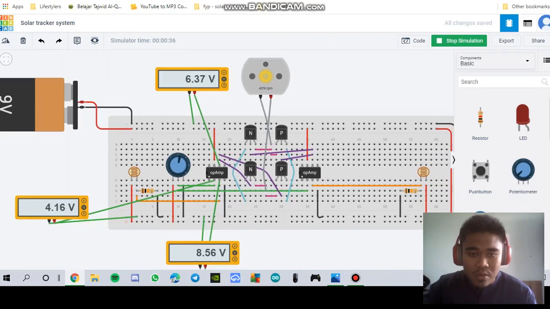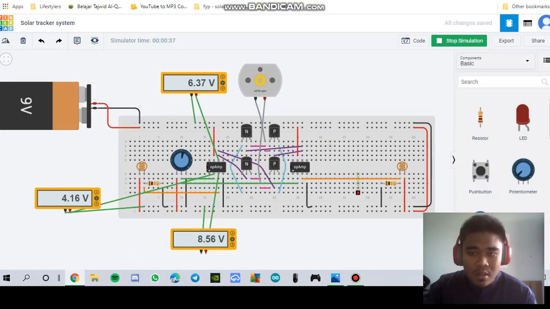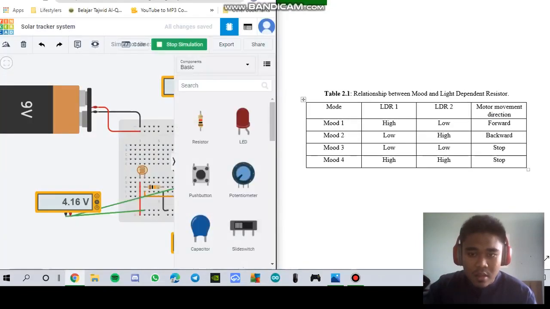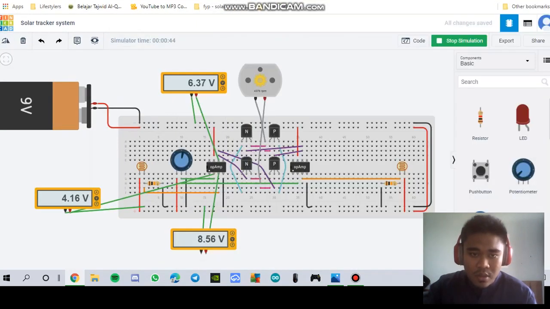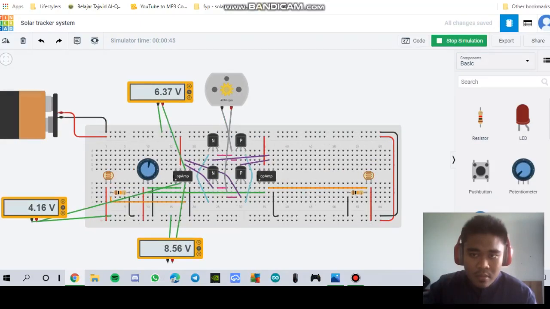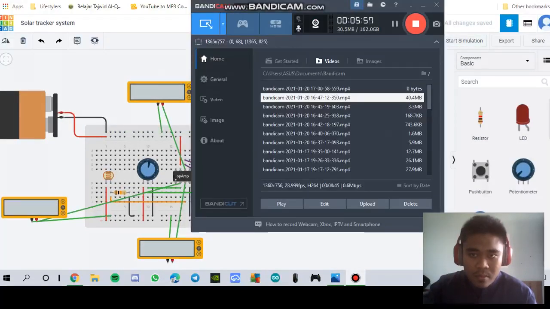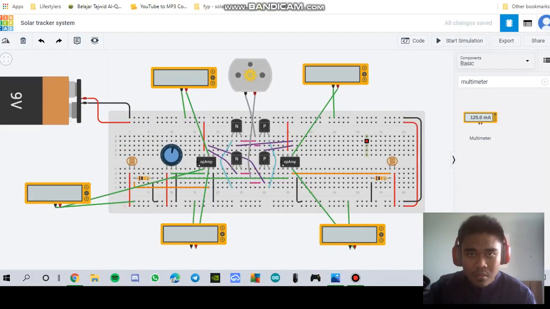So how about mode 2? Mode 2 says that LDR1 is at low condition and LDR2 is high, so it will move backward. Let's see. This is mode 2.